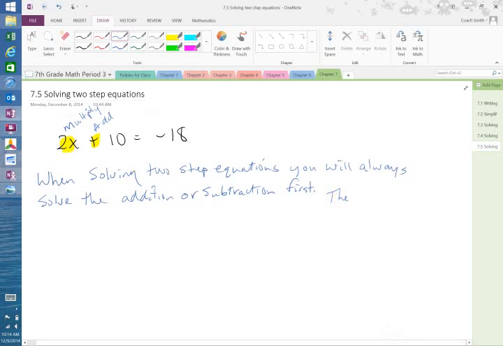Then solve the multiplication and division.